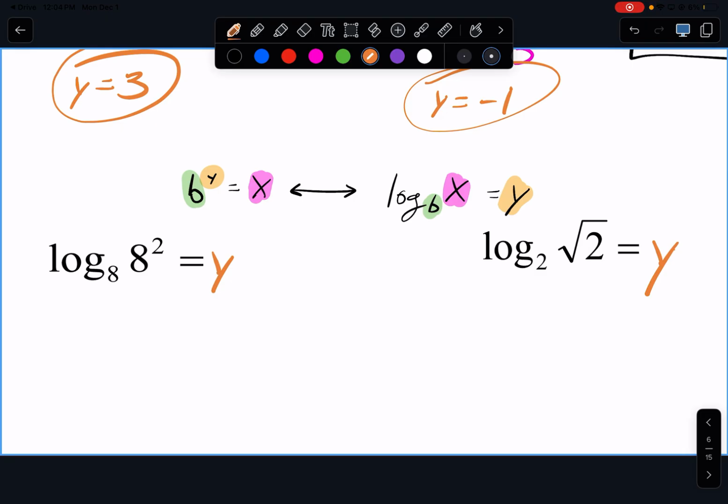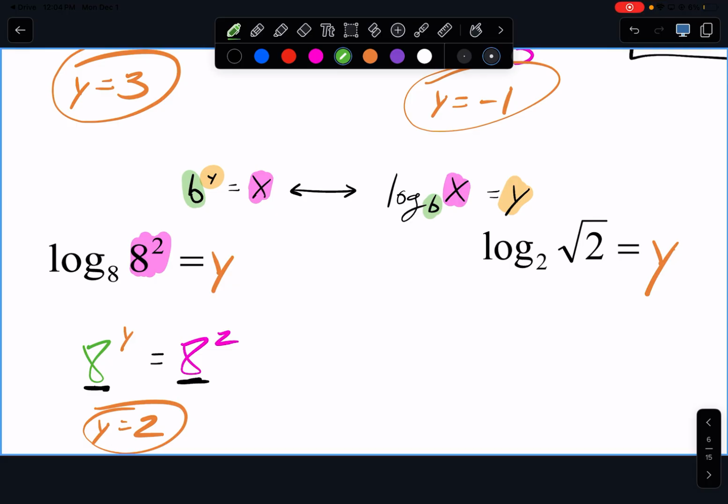All right, the first thing we want to do is write this in exponential form. So my base is going to be 8 to the power of y equals, and then my pink, my x here, is all of this 8 squared. And like Carson was asking, I'm going to keep that together. And the reason why is now I can see that my base is the same on both numbers. So now I just need my exponents to match. So y equals 2.